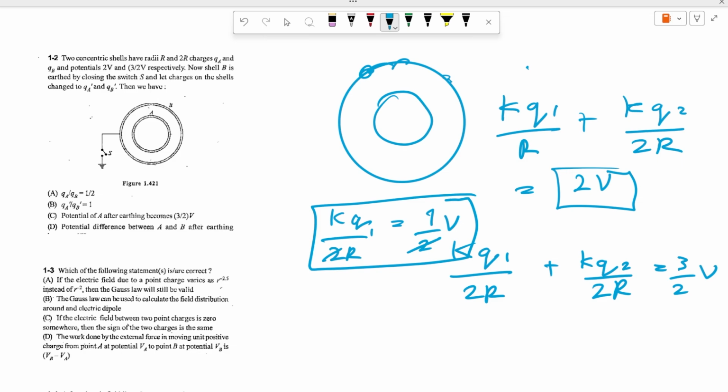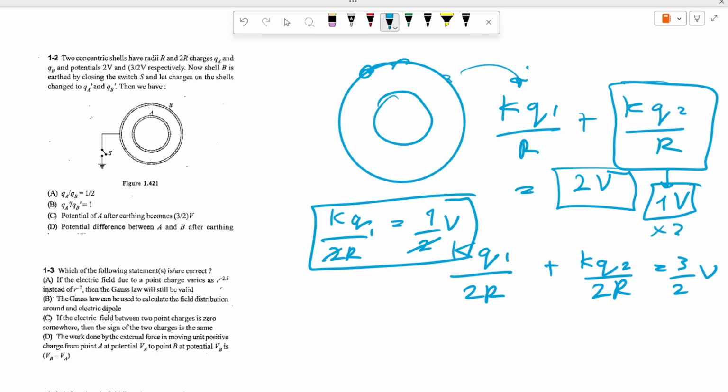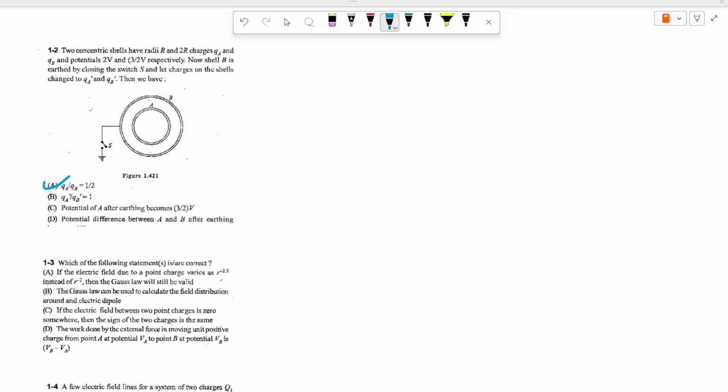Then we can just put it into this equation and we get the value of this. This is also going to be 1 volt, and we just double it to get the value of Q2 by R. Then we can get the ratios of 1V and 2V, which does satisfy this equation. So basically in the second part, what we are going to do is we'll first earth both the shells.